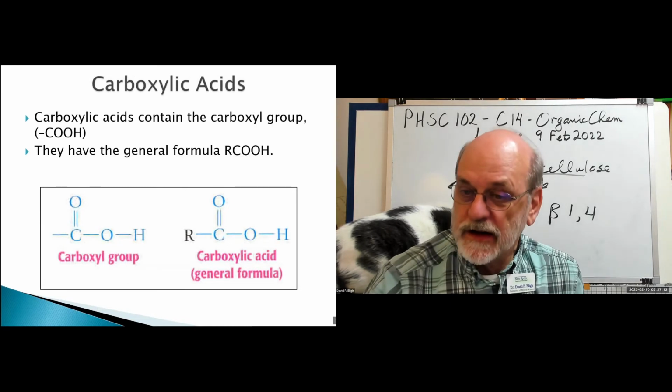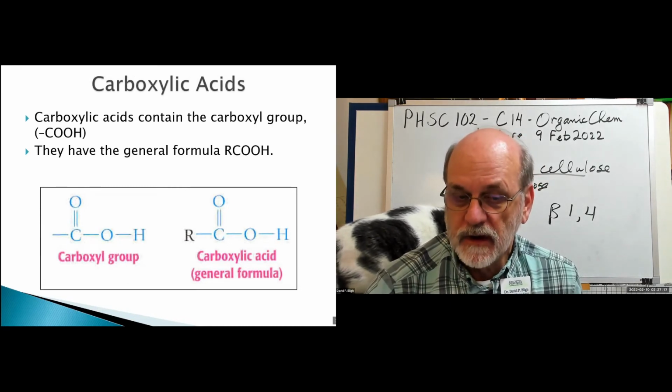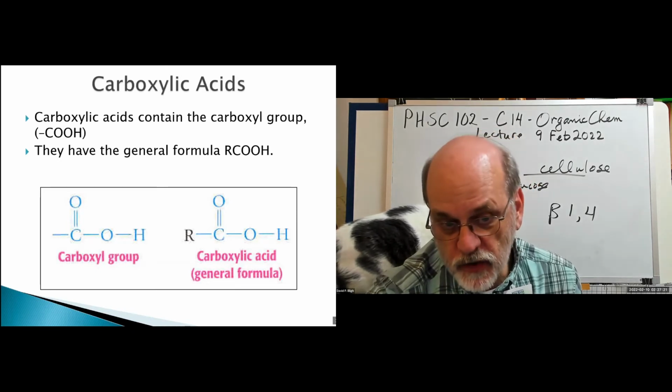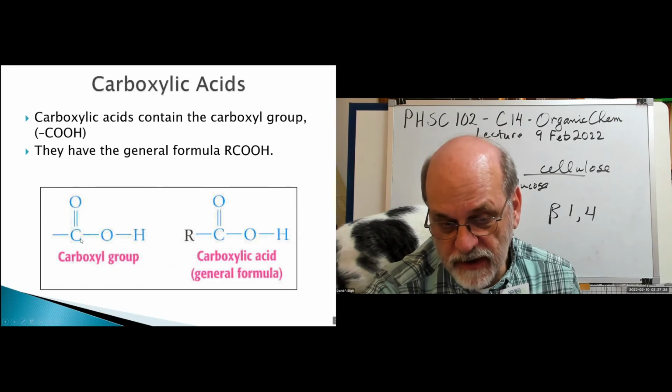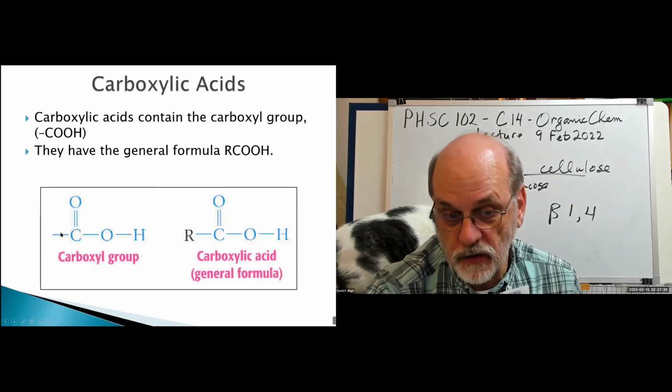Okay, another derivative group, the carboxylic or carboxyl group, is actually an acid group. Right? And here's the group. It's based upon this carbon, right? This bond here goes to the root molecule.